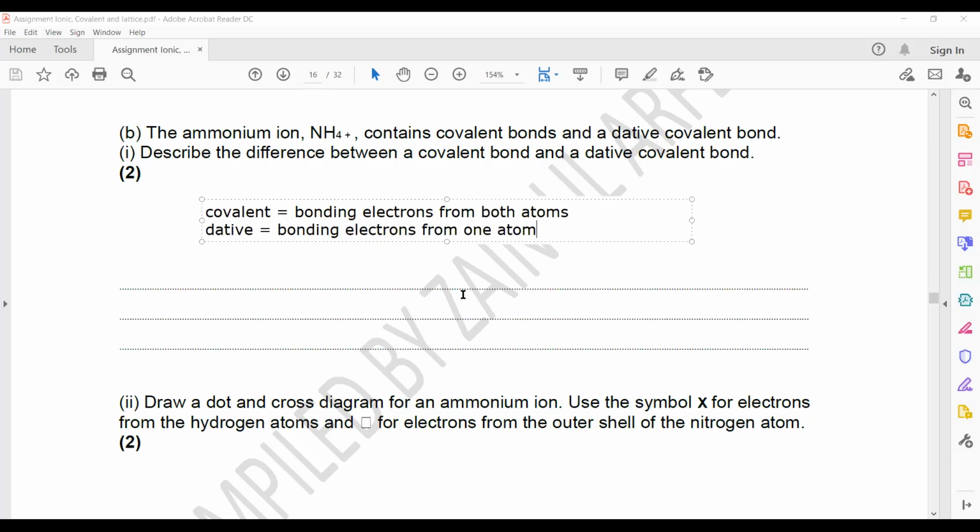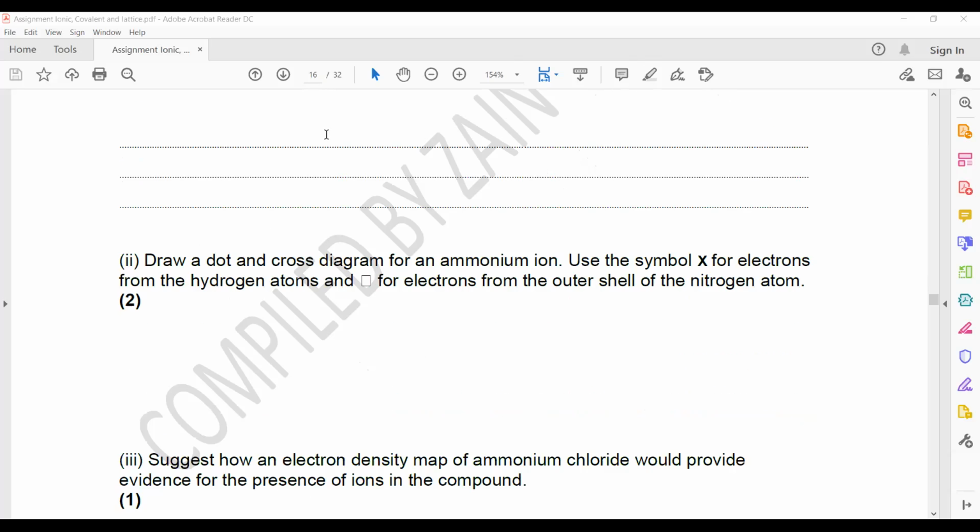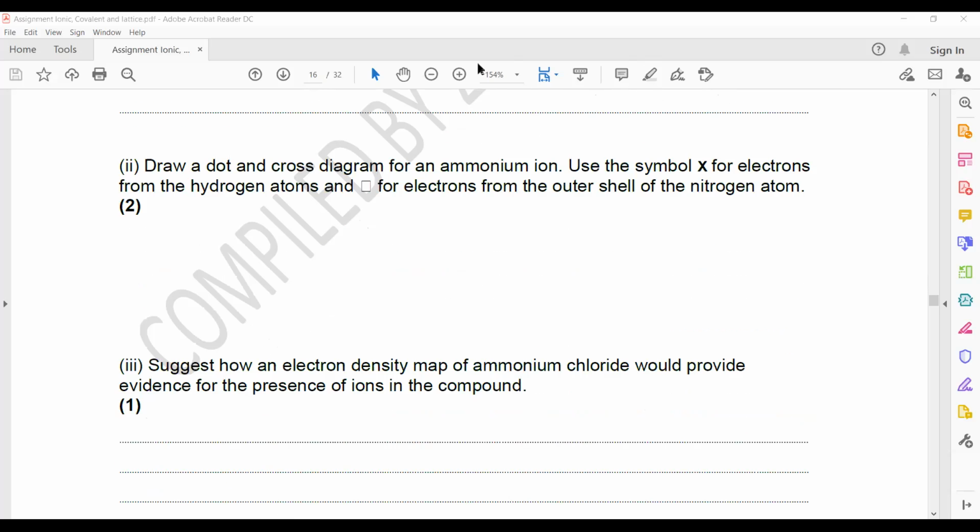Draw a dot and cross diagram to represent the ammonium ion, showing the outer shell electrons. So how do we draw this structure? As we already discussed, for example, nitrogen. Cross for hydrogen we have to use, so you have to use the same symbol, and dot for nitrogen.